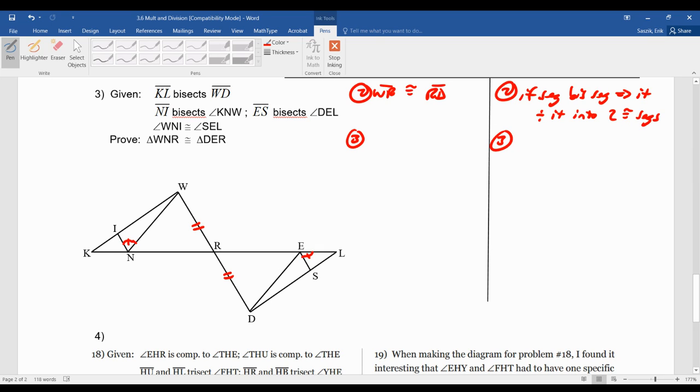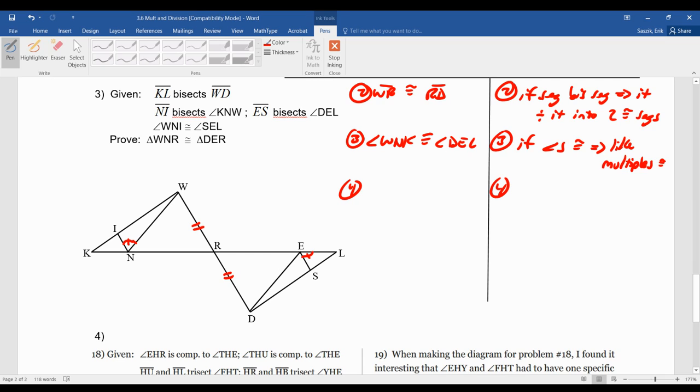It's true, but what I want is this whole angle congruent to this whole angle. So we're going to say angle WNK is congruent to angle DEL, and that's if angles congruent, then like multiples congruent.